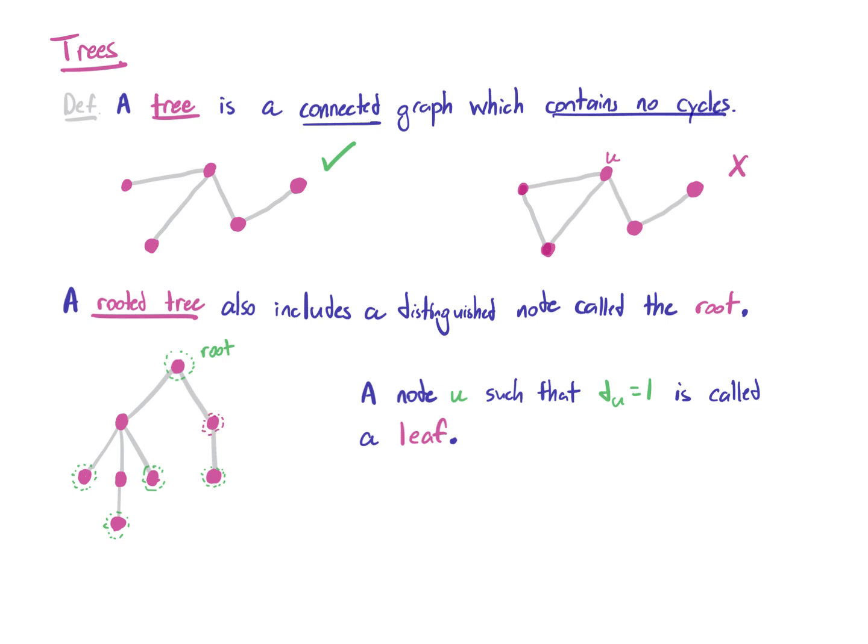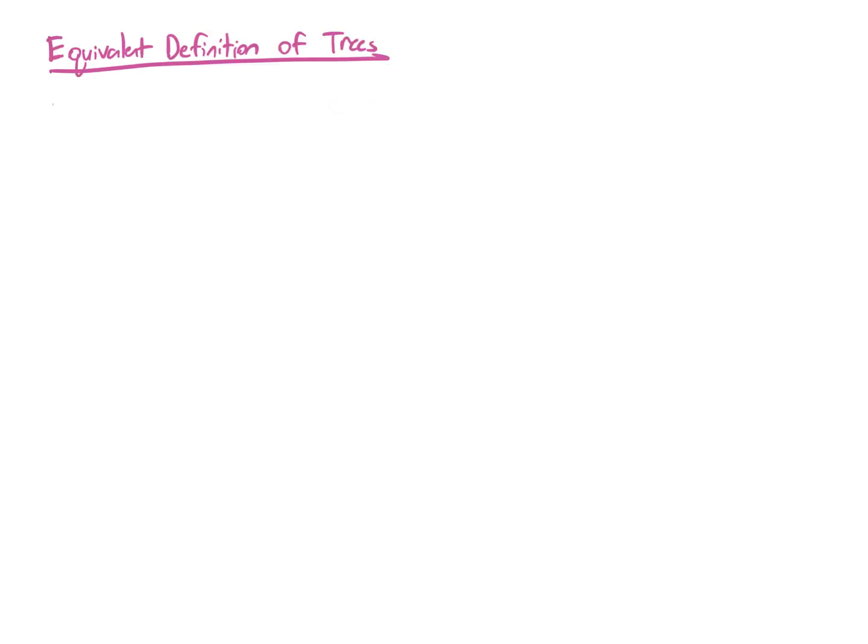So now that we have some definitions and concepts in place, let's go further and explore some of the structural properties of trees. There is another property of trees that actually characterizes the trees. A characterization is something that uniquely specifies the set of all trees. We can think of it as an alternative or equivalent definition.